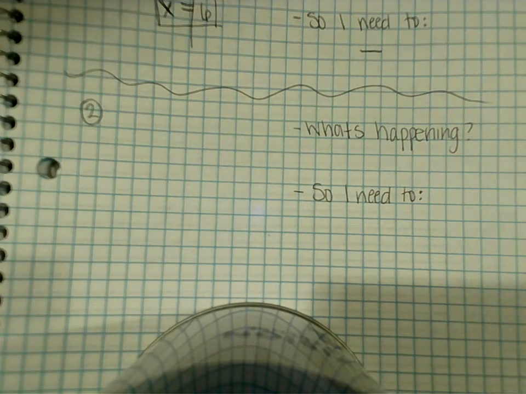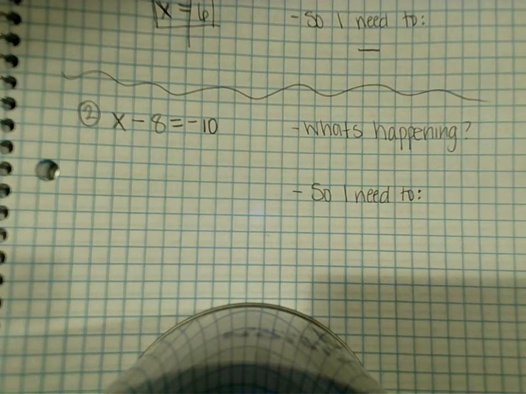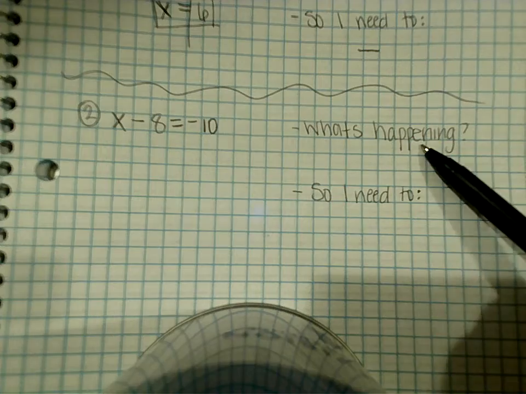All right, we're going to do another example, and you need to set your paper up again, just like you did for number 1. So go ahead and pause the video until you have it set up like mine, and then play when you're ready to go. All right, we have x minus 8 equals negative 10. So what's currently happening?